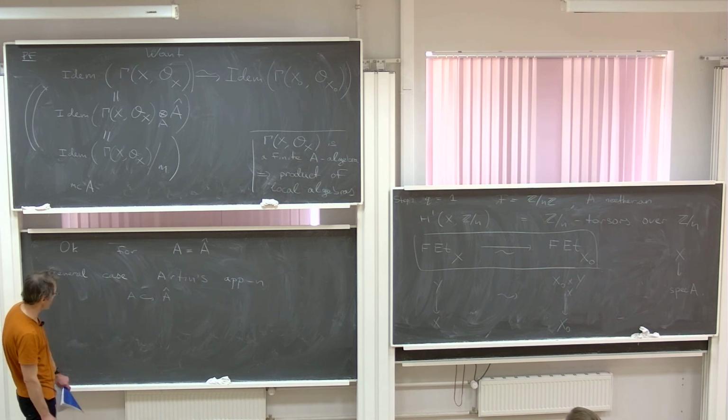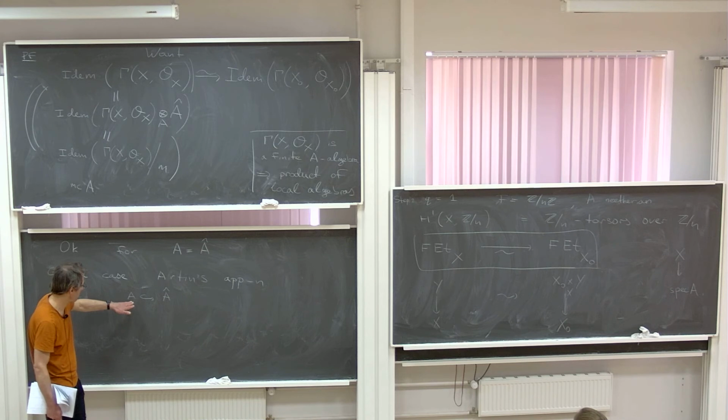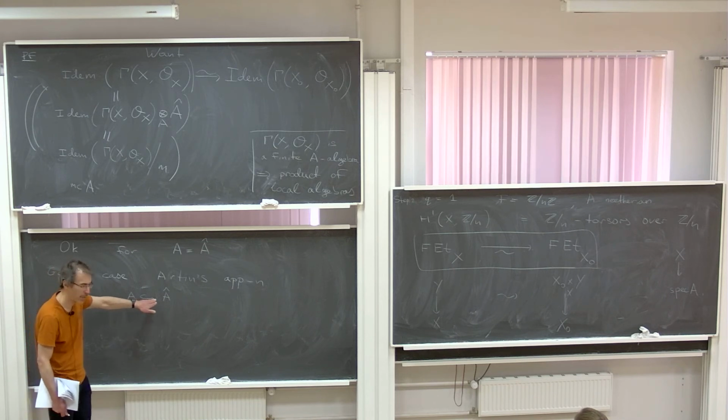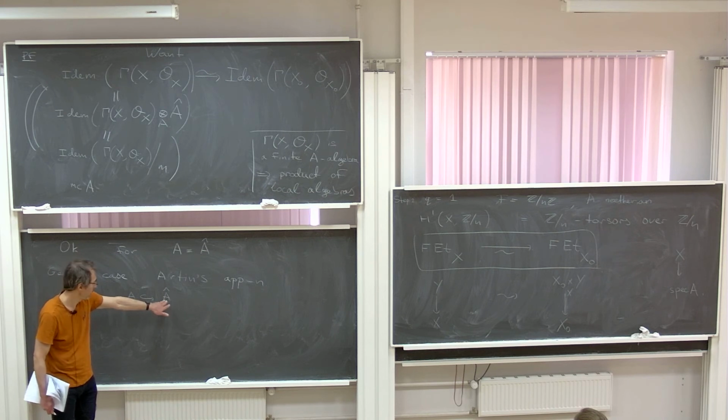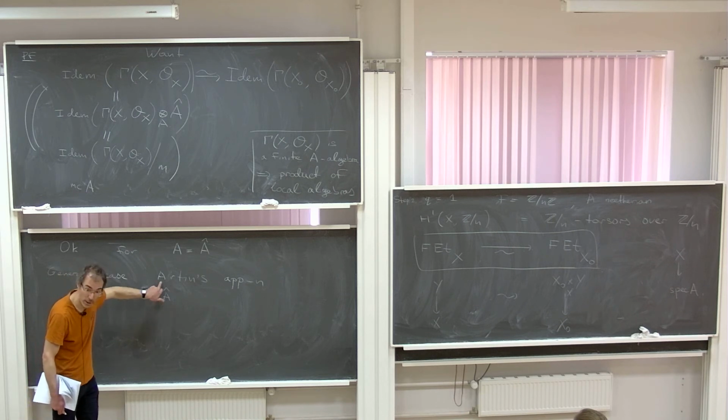So what the Artin approximation theorem tells you is that if you have a system of polynomial equations with coefficients in A and a solution to this system in the completion, then there exists a solution in A which is equal to the formal solution, modulo any prescribed power of the maximal ideal.